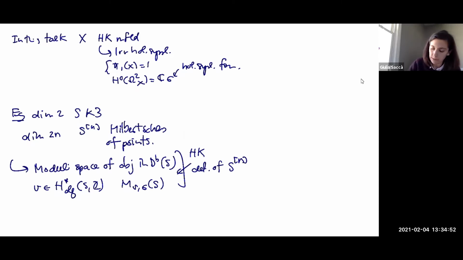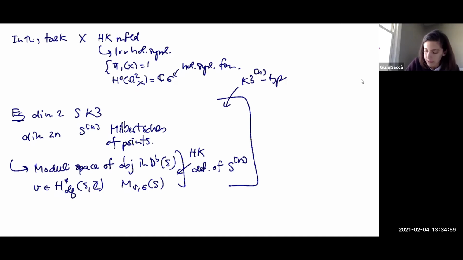And so this deformation class is called K3^[n] type.